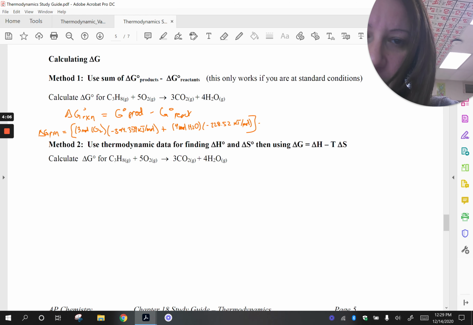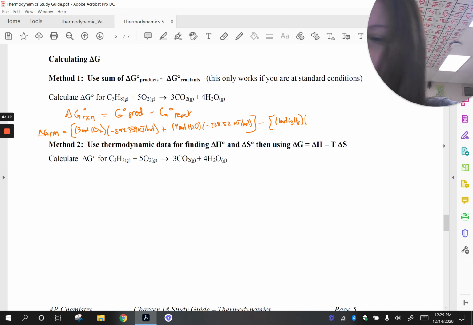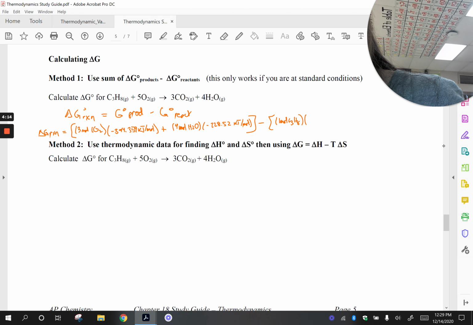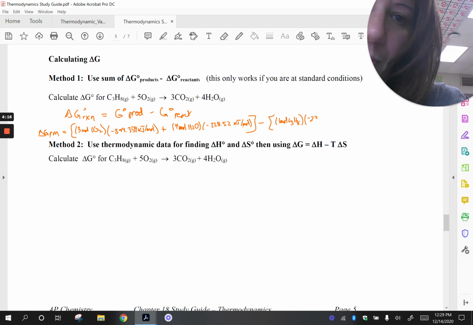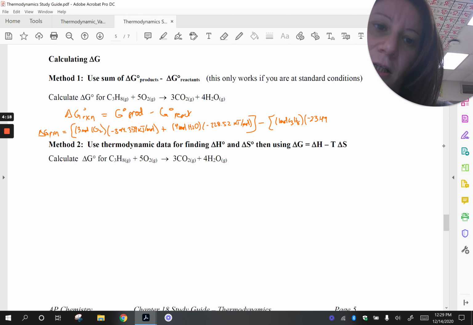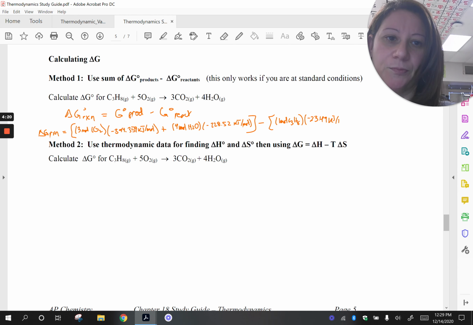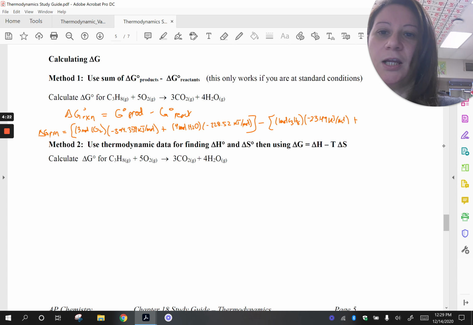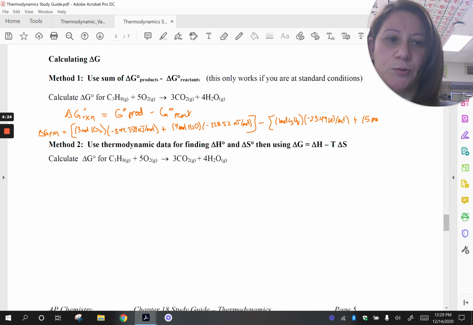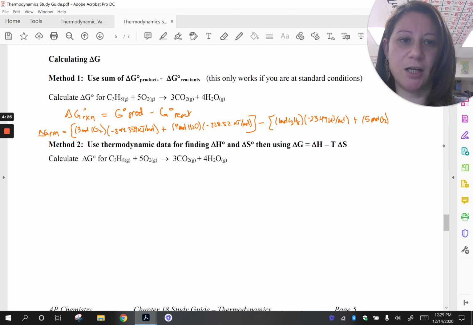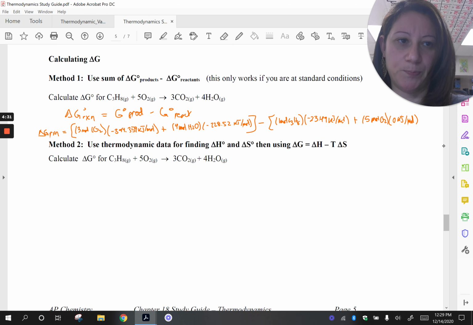I'm going to subtract my reactants from that. I have 1 mole of C3H8. The value for that one from the table is negative 23.49 kilojoules per mole. And then I have 5 moles of O2, but because this is an element in its natural state, the value of it is 0 kilojoules per mole.